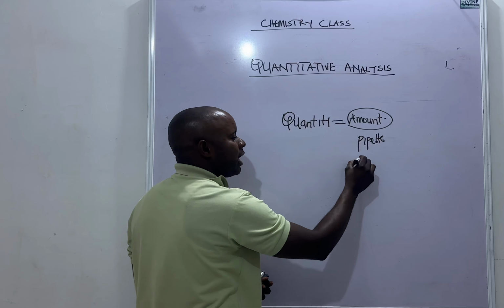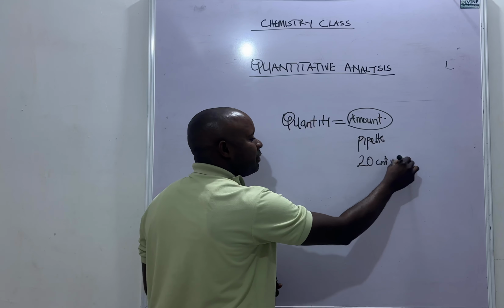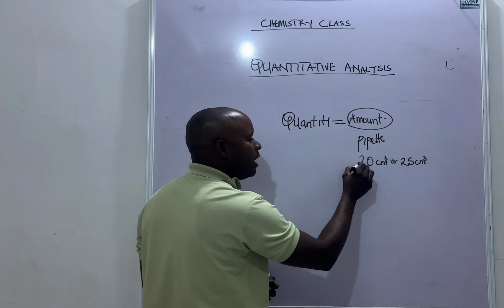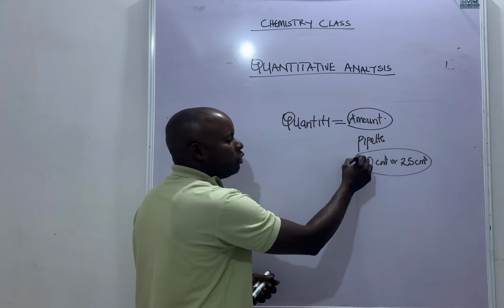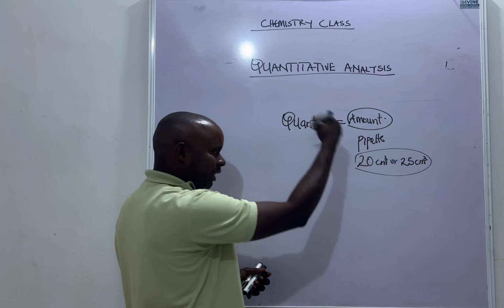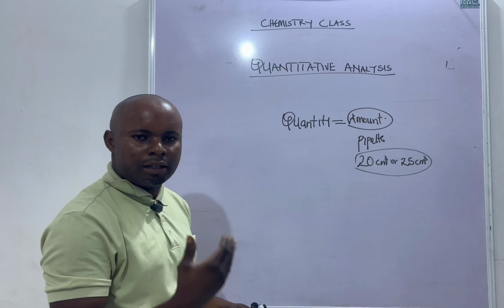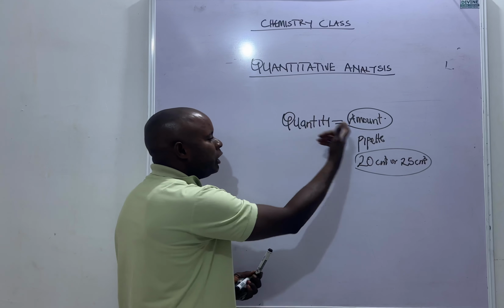In the lab, we have the 25 cm cube pipette or 20 cm cube pipette. If you are able to pipette any of these solutions, we can use this known volume of the substance to determine the volume of the other substance that undergoes reaction. So in quantitative analysis, we measure the amount.